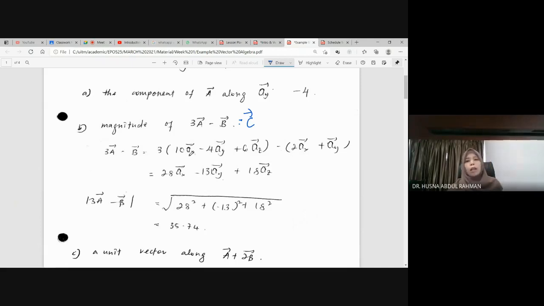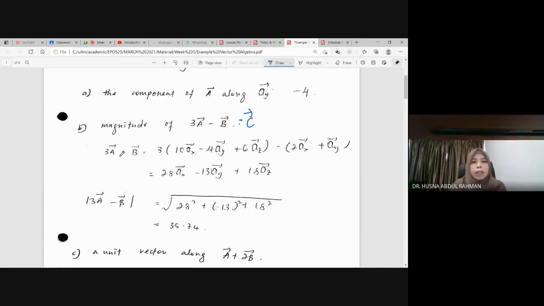AX can only minus with AX, AY can only minus with AY, and AZ only minus with AZ, but here you don't have AZ. Then you simplify. Later you can try it on your own.